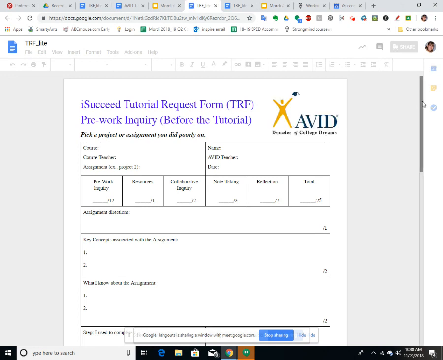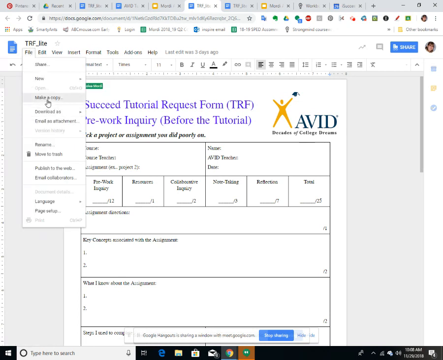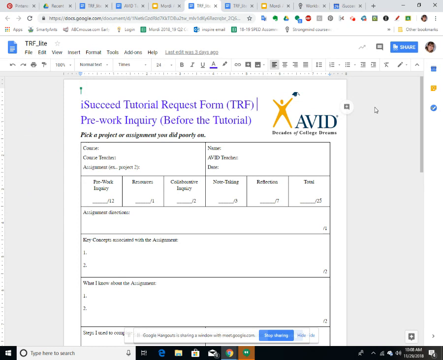When you pull it up, make a copy by hitting File and then Make a copy, and title it with your name and then TRF light. You'll change the name on it, and that'll give you access to type on it.